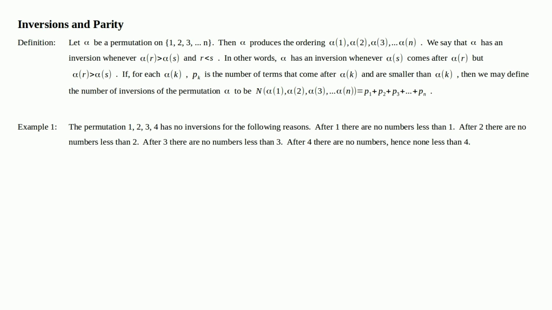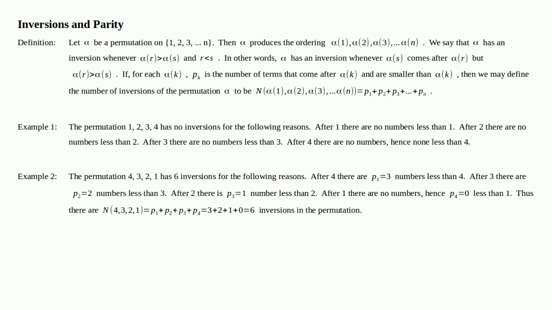Okay. Next example. The permutation 4, 3, 2, 1 has 6 inversions for the following reasons. After 4, there are p sub 1 equal to 3 numbers less than 4. After 3, there are p sub 2 equal to 2 numbers less than 3. After 2, there is p sub 3 equal to 1 number less than 2.